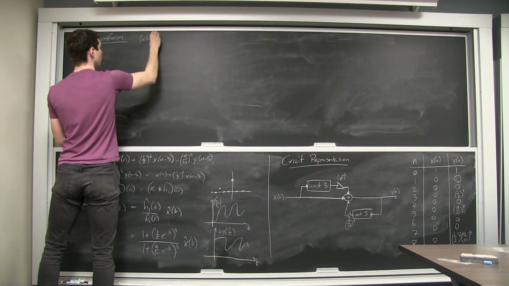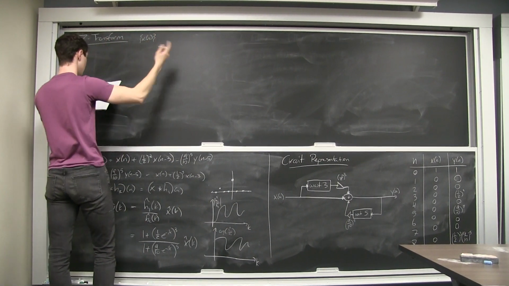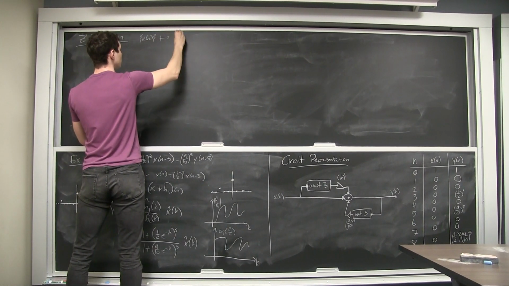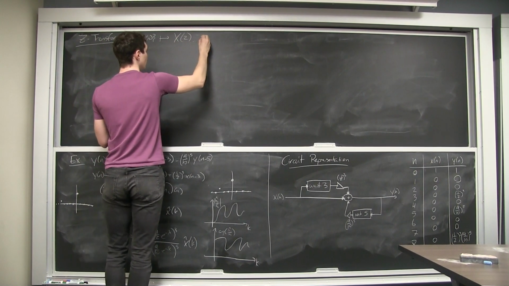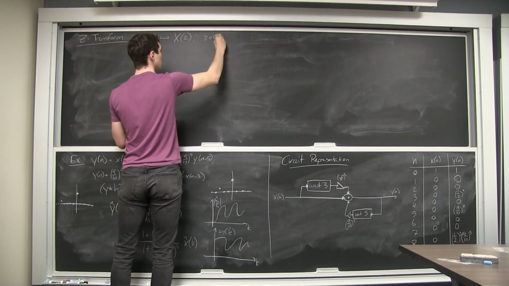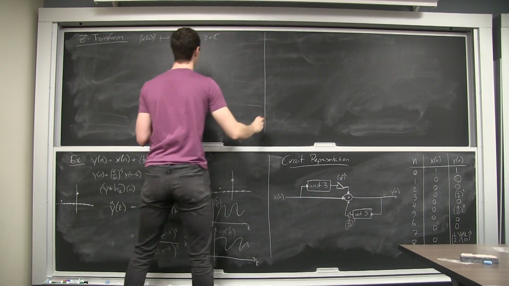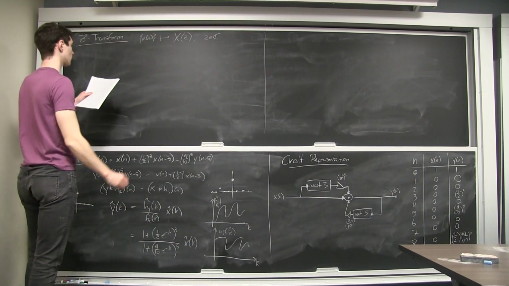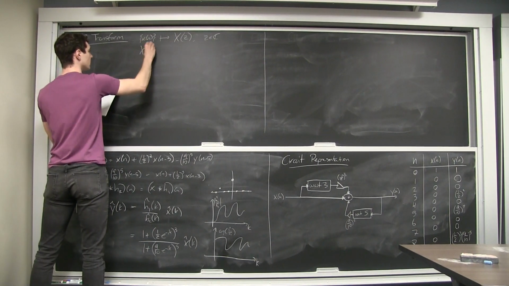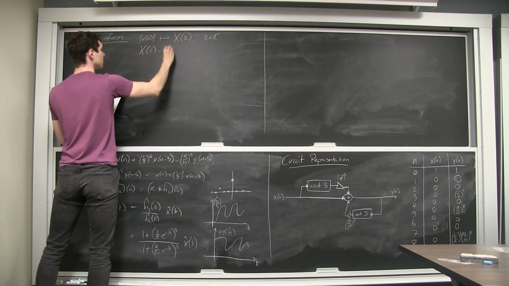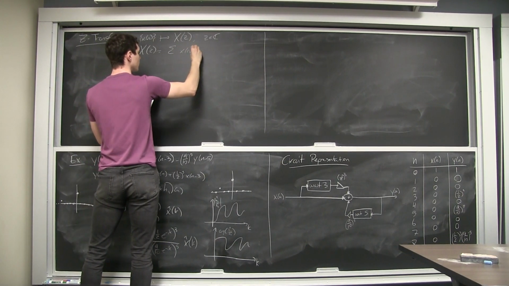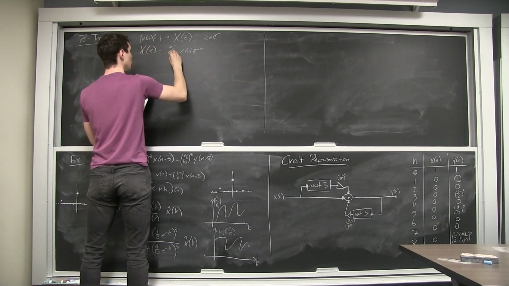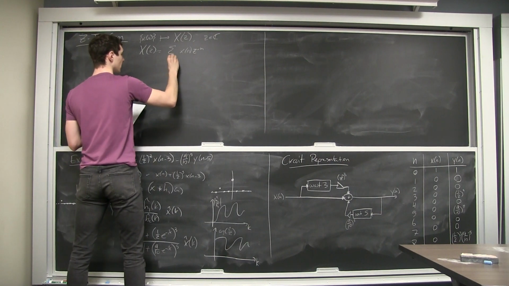It takes our input function, or input signal, x of n, maps it to some output signal, capital X, of a continuous complex variable. And it's defined like this. X of z is the, I guess, negative generating function, z to the minus n, summing over all samples of n.